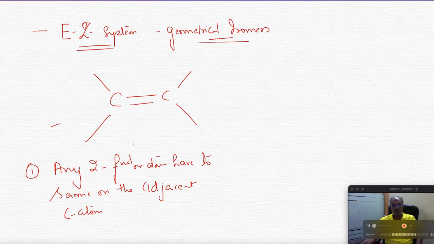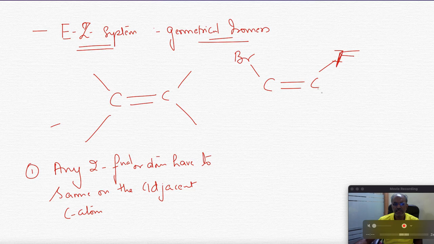So we'll take a simple example, C double bond C. Suppose this I take as Br, this I take as I, and this I take as F, to make it a bit more complicated.